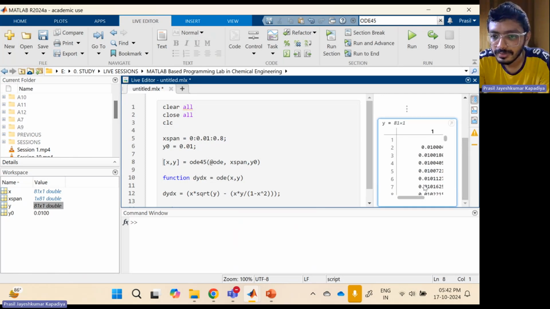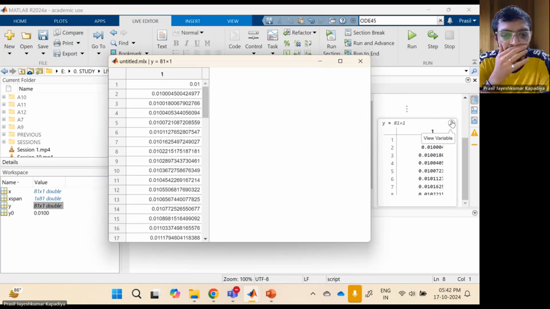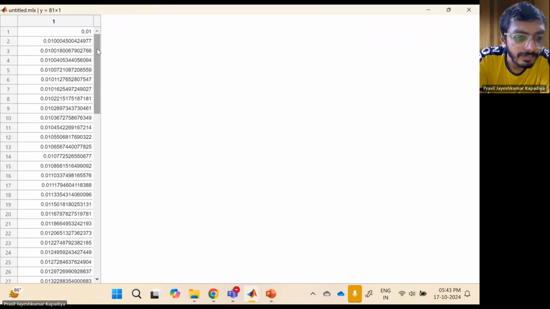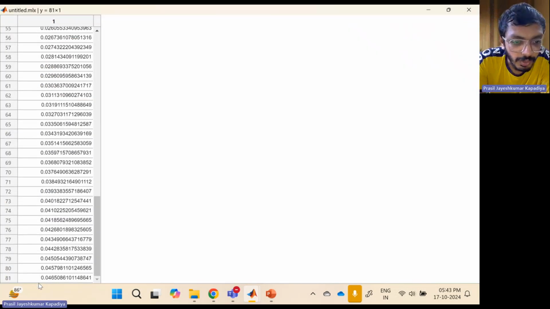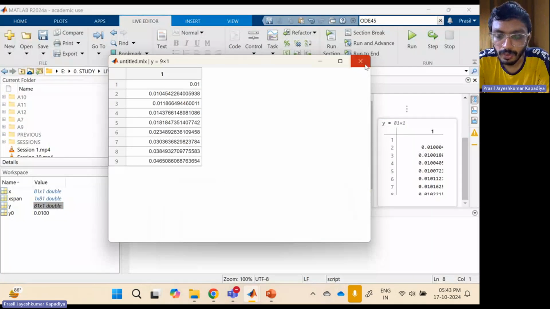The value of y for the last entry will be more accurate. So it is 0.0465. So this is how we can use ODE45.